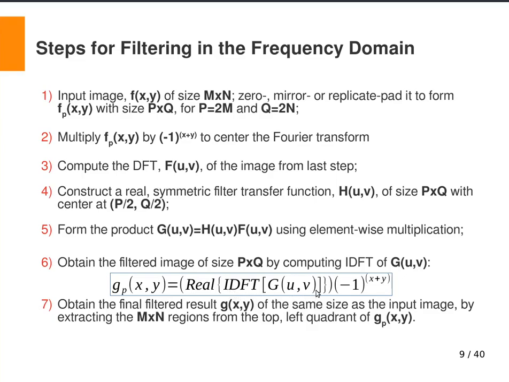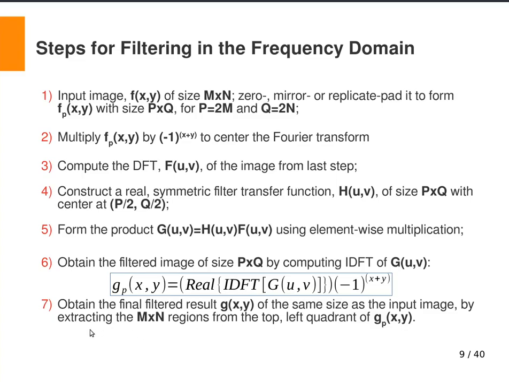Again, as I said in the previous slide, since the original image is a real valued image, we only take the real part of this inverse discrete Fourier transform, and to eliminate the effect of the initial multiplication by this function that we did to center the Fourier transform, we basically multiply the result of step 6 by this function again at any pixel location.